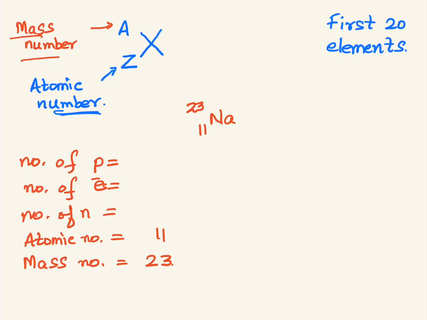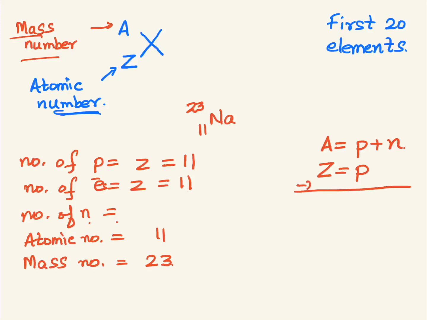Go ahead. Number of protons is the same as the atomic number, 11. Number of electrons is also the same as the atomic number, that is 11. How do you determine number of neutrons? Now let's go back to what we had learned. We said mass number is number of protons plus number of neutrons. We said atomic number is number of protons. What if I subtract the two equations?